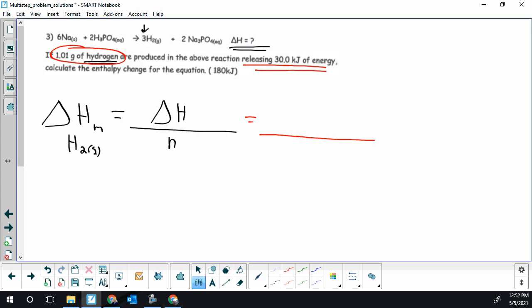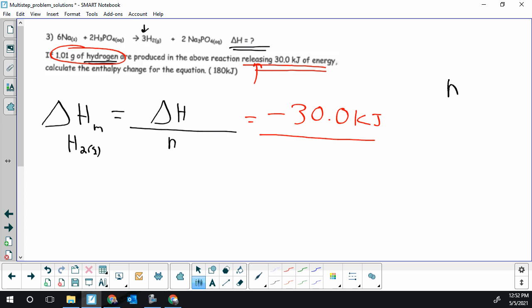The energy change, or the enthalpy change, I don't have to do any calculations. That's 30.0 kilojoules. Now it is energy release, so I need to remember to put my minus sign in for an exothermic reaction. I need to figure out the moles of hydrogen on the bottom.